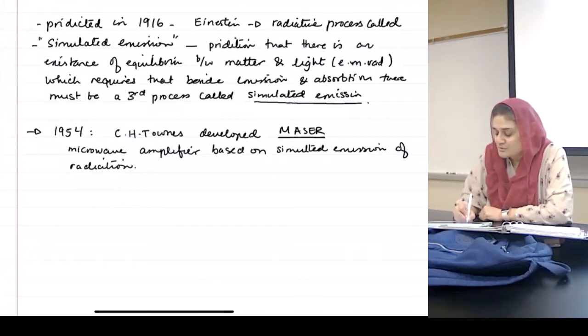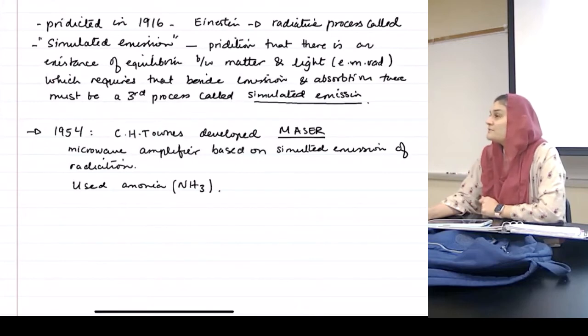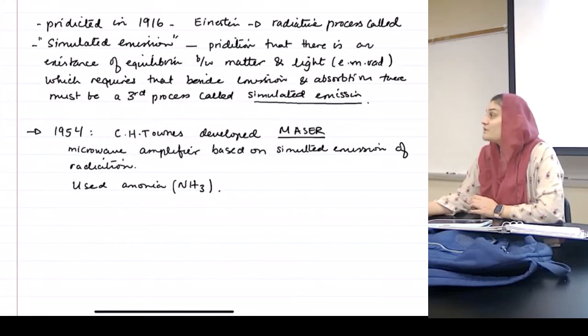And he used ammonia, NH3, in his quest. So what are microwaves? They are electromagnetic radiation, right? And he used those to create what Einstein had predicted 40 years ago.